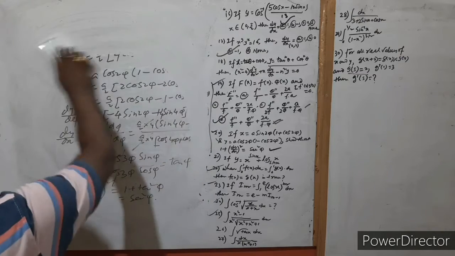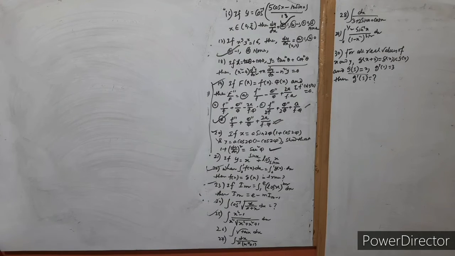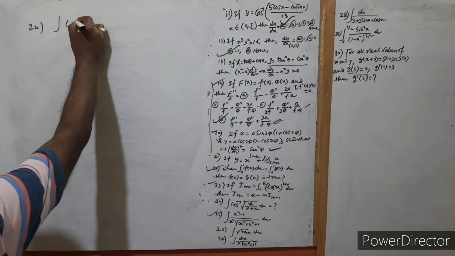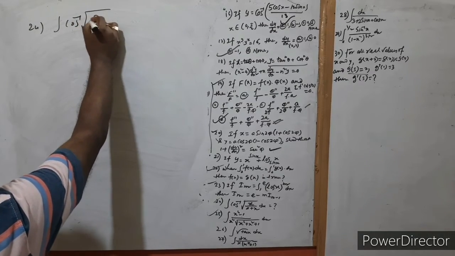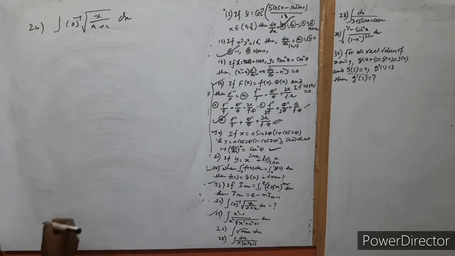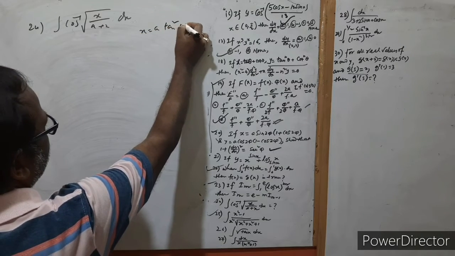Okay, next problem is that 24. This is cos inverse root over x by a plus x, and dx. So let x is equal to a tan square θ.